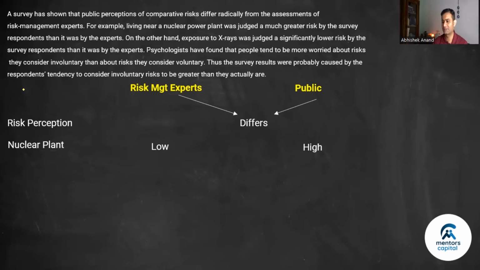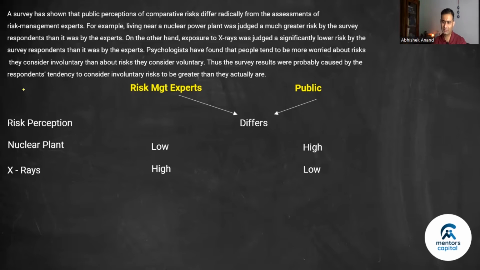The example given is, let's say when you consider the risk involved if you're staying near a nuclear plant, the management experts would say that the risks are low, but if you ask the general public, they will say that the risks involved are high. Now, if you compare this with the risk perception of getting an X-ray done, the risk management expert would say that the risks there are much higher, but the general public would say the risks are low.